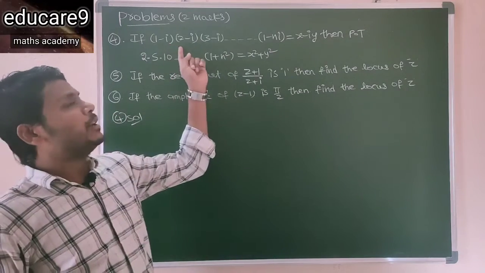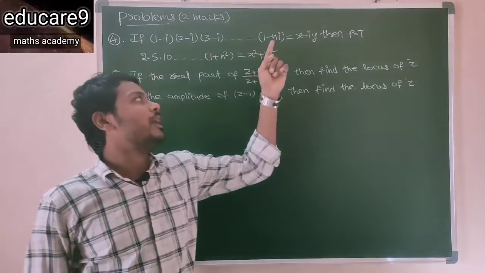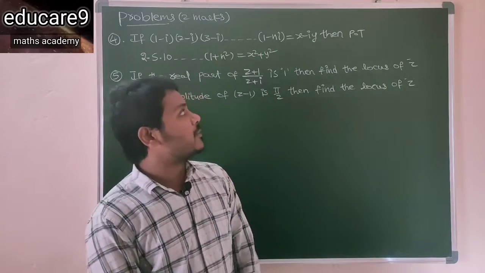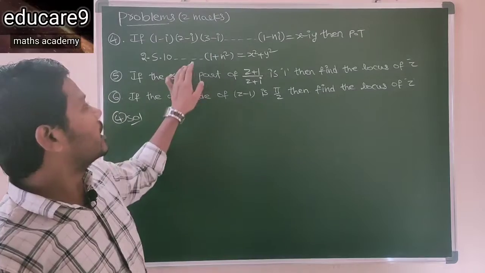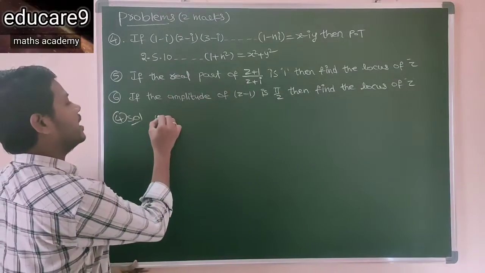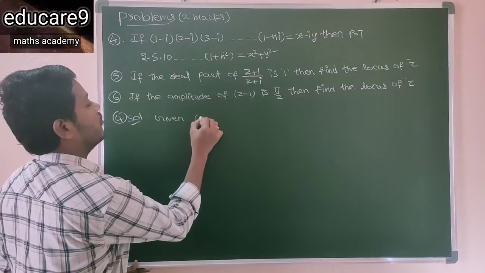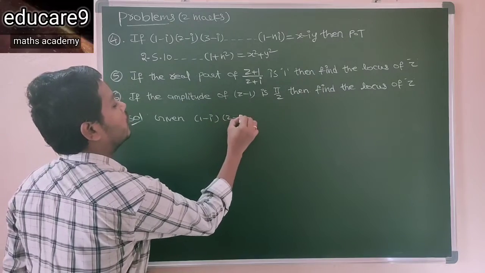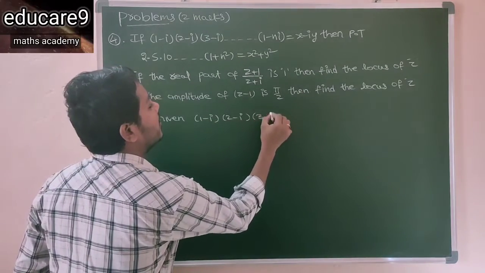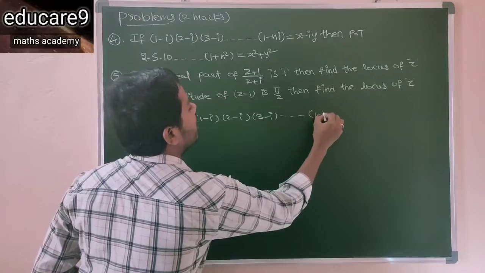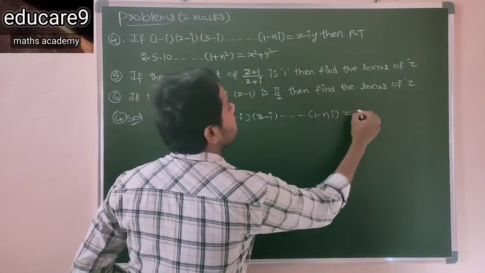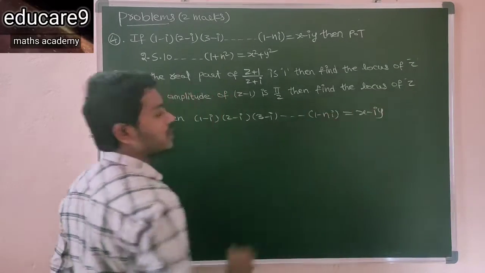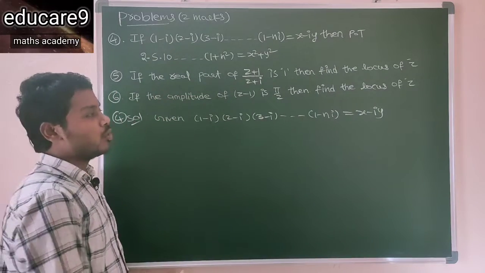Here, (1 minus i)(2 minus i) and so on up to (1 minus ni) is x minus iy. Then prove that this one. So here given (1 minus i)(2 minus i)(3 minus i) and so on (1 minus ni) is equal to x minus iy. And take modulus on both sides.